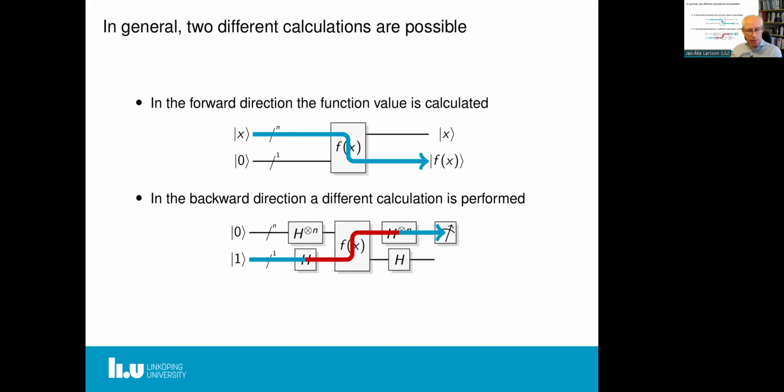If you're interested in this overall property that you're looking for, in Deutsch-Jozsa it's whether the function is constant or balanced, then you do a different calculation in the backward direction, and the access to this different calculation is given to you by the Hadamard or the Fourier transform.